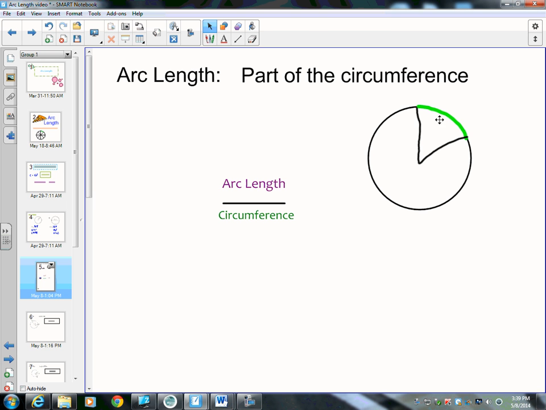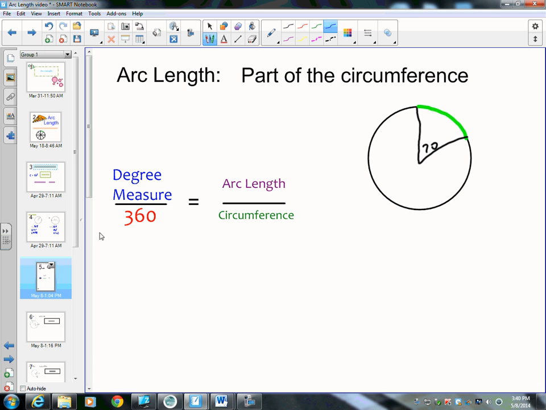So if our piece of pizza, this little piece, a slice, is, let's just make up a number, how about 70 degrees? Well, that means we have 70 out of the full 360. So what we're going to say is it's equal to the degree measure, the angle of our piece of pizza, or the angle of the arc, divided by 360, which is, again, the whole thing.